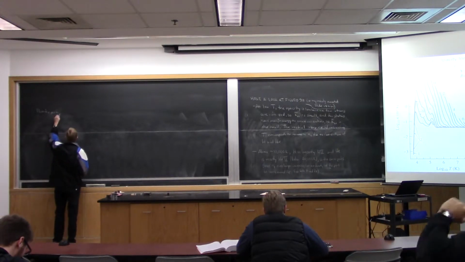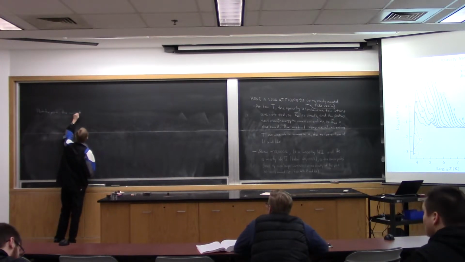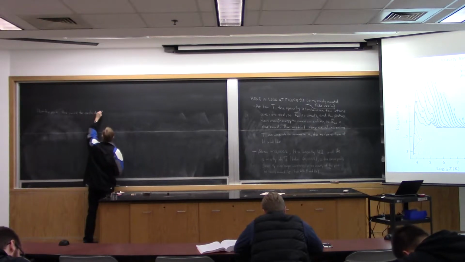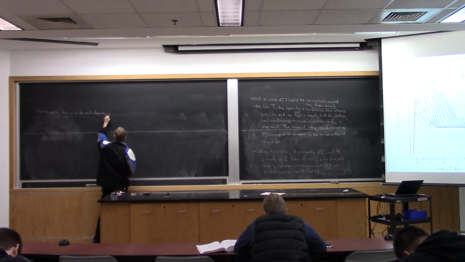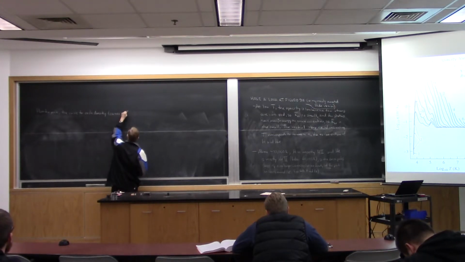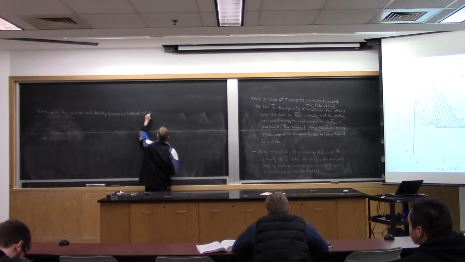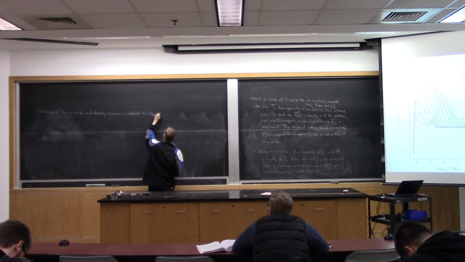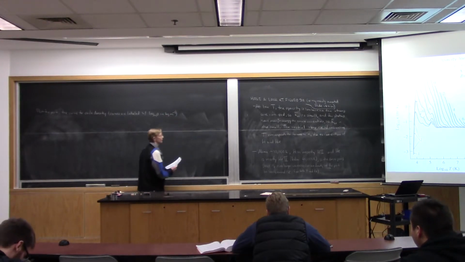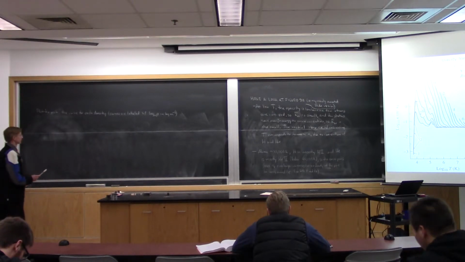Past the peak, the curve for each density, the curves are labeled with log 10 rho in kilograms per cubic meter. That's what the -4, -2, 0, 2, 4 all mean.